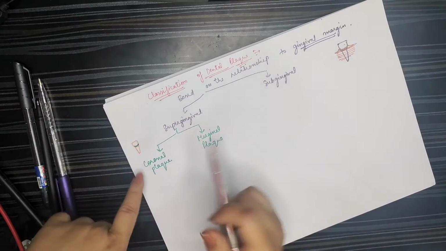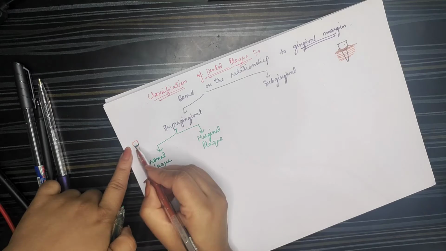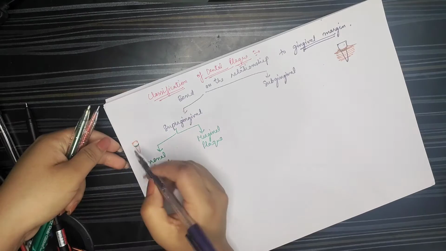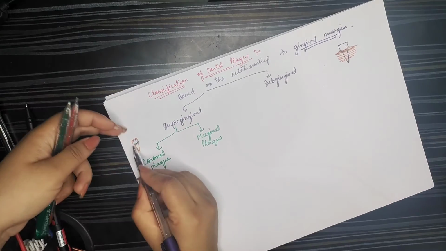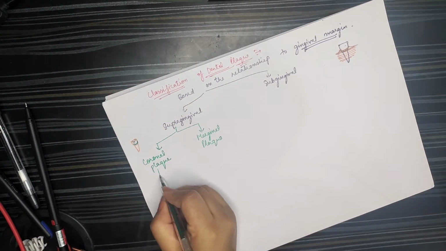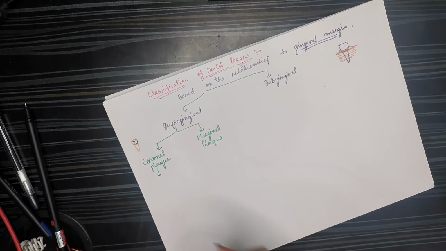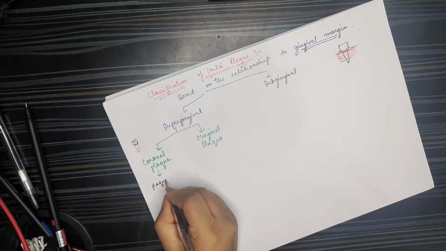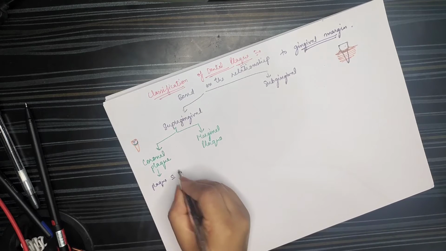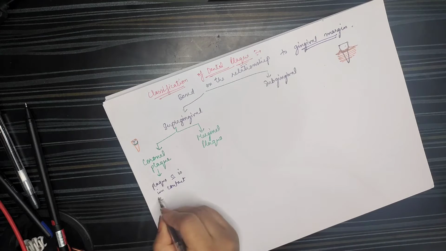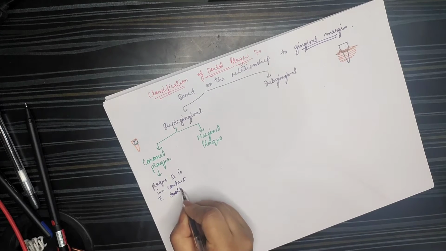Only two cases come here: either it is anywhere on the tooth surface, or it is near the margins. So coronal plaque is the plaque which is in contact with the tooth surface only.